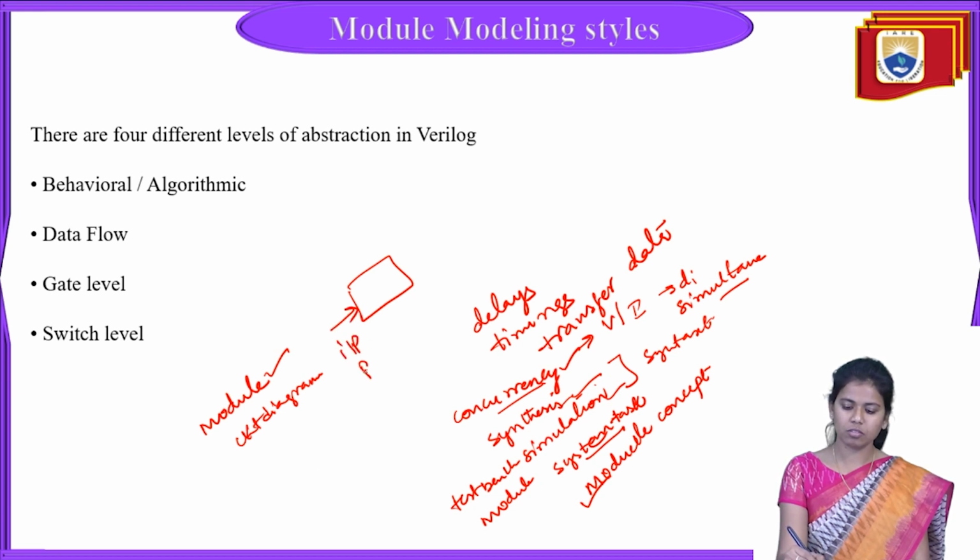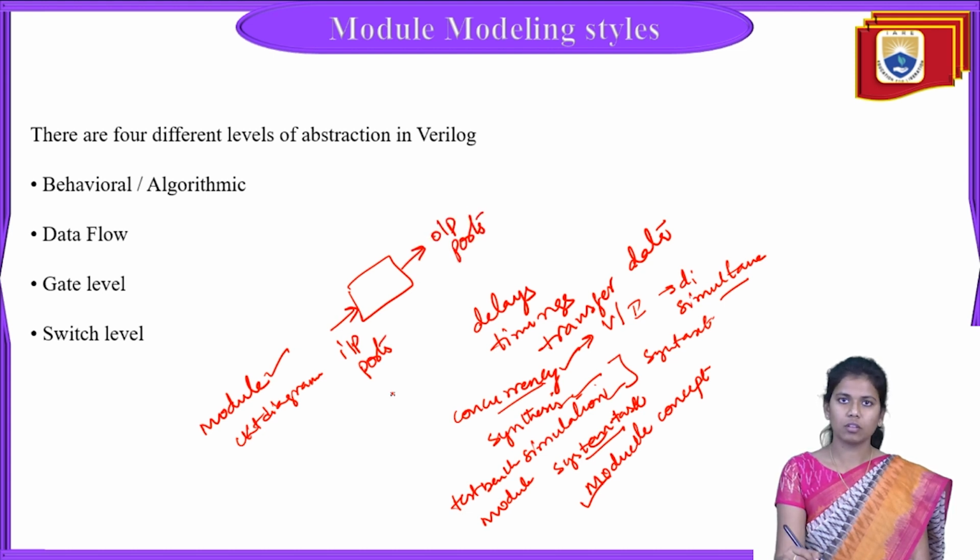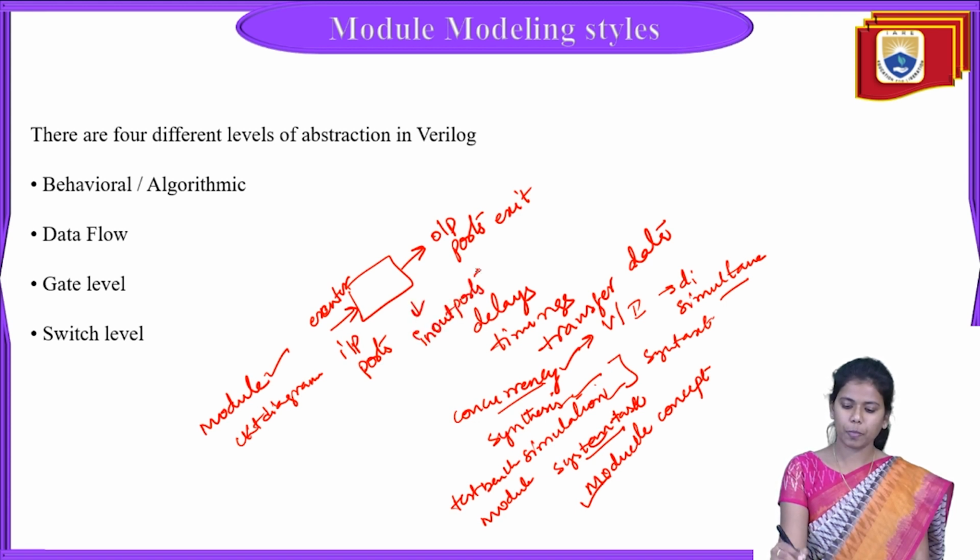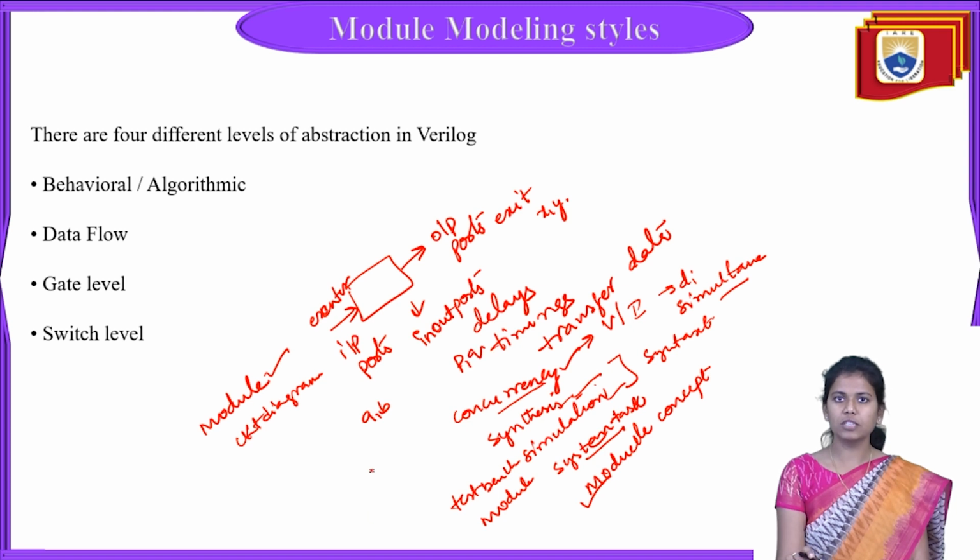The input ports are the entry of the input terminals, and the output ports are the exit of the output terminals. For example, the module input has A and B, the output will be X and Y, and the in-out will be P, Q. For this particular module, there is a syntax to be followed.